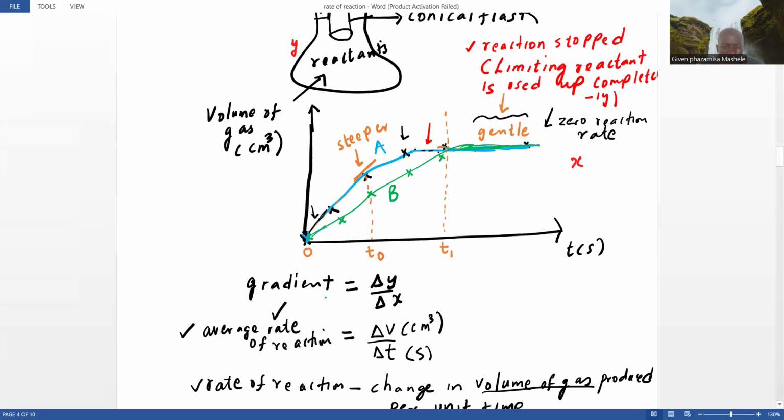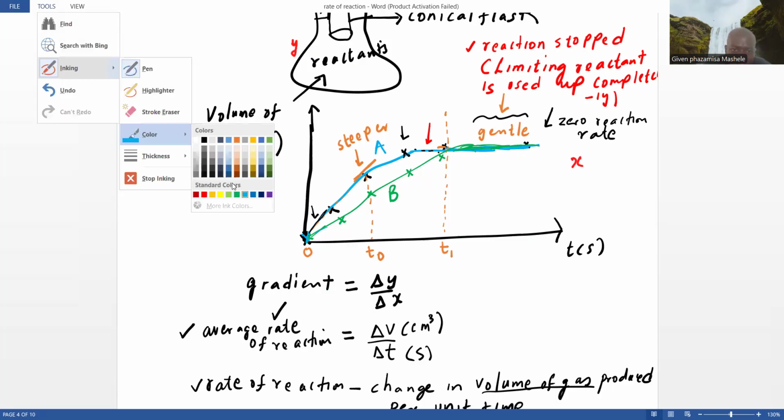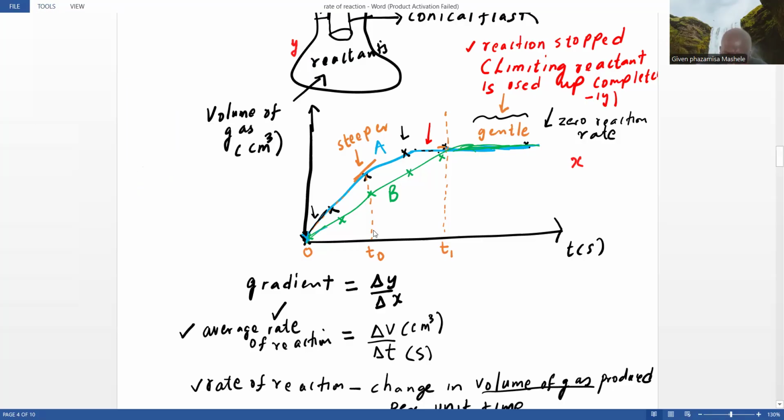Why am I saying this? Look, let's say we were told to estimate the volume of the gas produced for B and A at time 0. You'll realize that at time 0, the volume of gas B will be somewhere here, and at the same time, the volume of gas A will be there.